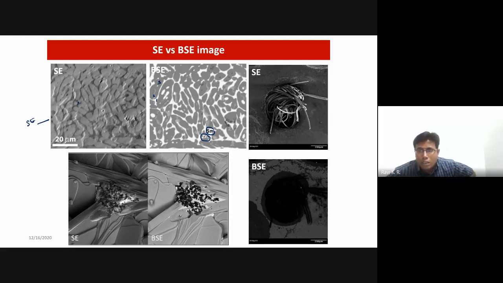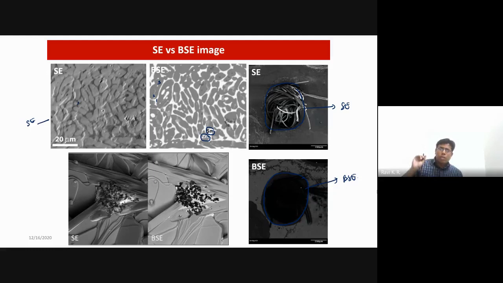Now you see here topographical features, based on morphology, that you can see in a secondary electron image, but you can see nothing in the backscatter electron image. This is something that we need to understand.